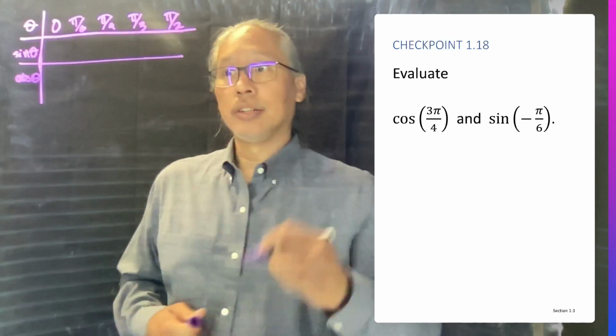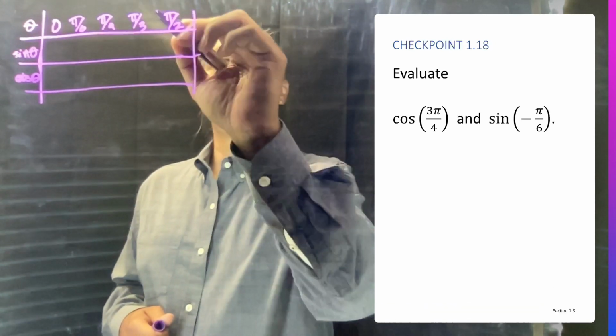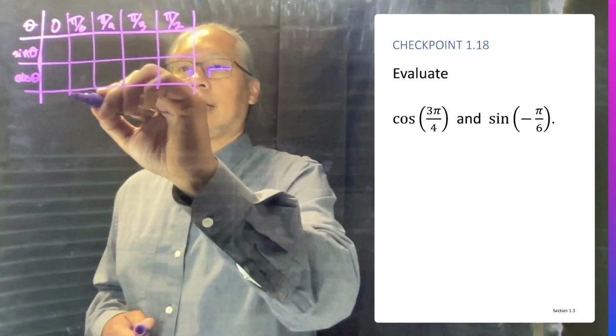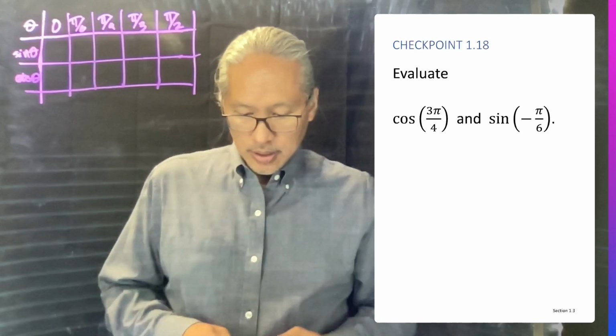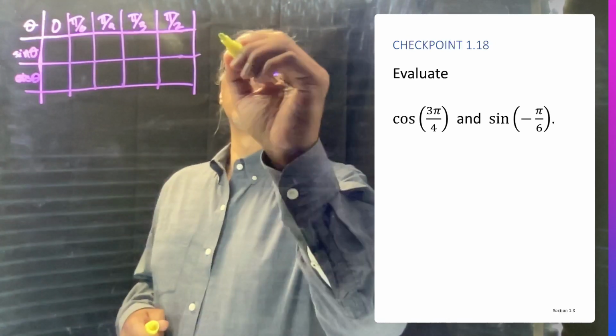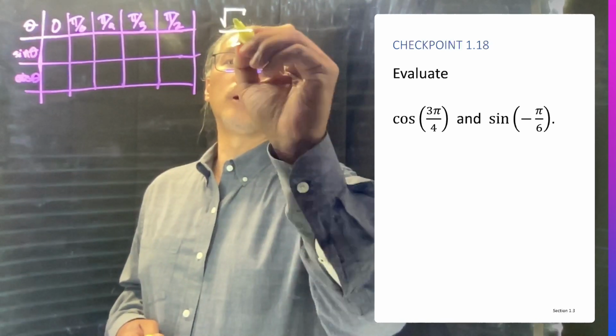If you remember, the tangent is just the sine over cosine. And what I want you to think about is, for each of these slots, we're starting with a sine. For each of these slots, we're going to think about that as the square root of something divided by 2.